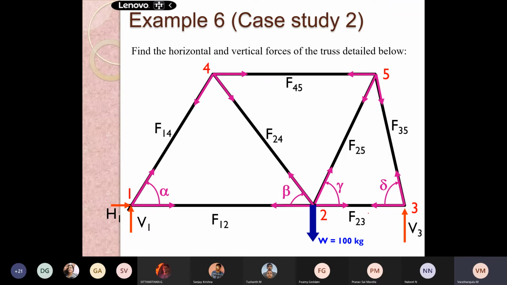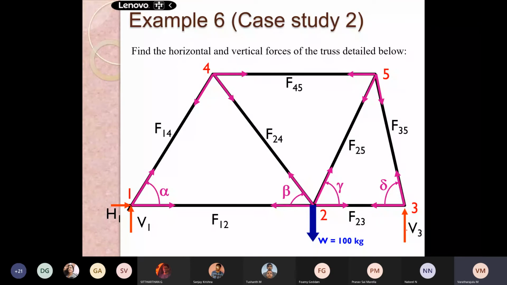The junctions are usually called nodes, and the joins between the junctions are called elements. This is an element, and these are nodes 1, 2, 3, 4, and 5. Node 1 has vertical and horizontal forces. Node 2 has 100 kg weight, and node 3 has vertical force. We need to find various other forces, that is H1, V1, and F12, F14, F24, F45, F25, F35, F23 and V3. This is our interest.